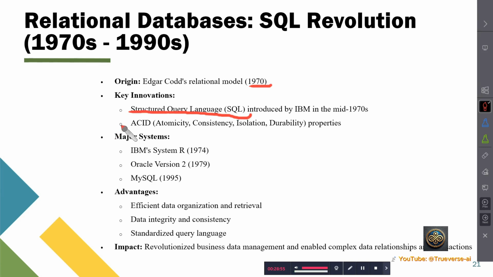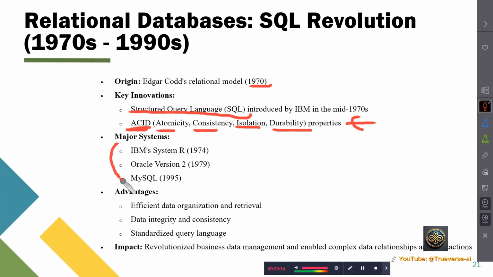So, a key innovation, ACID, which stands for atomicity, consistency, isolation, and durability. These properties were crucial in ensuring data integrity during transactions. They made it possible to handle complex data operations with reliability.